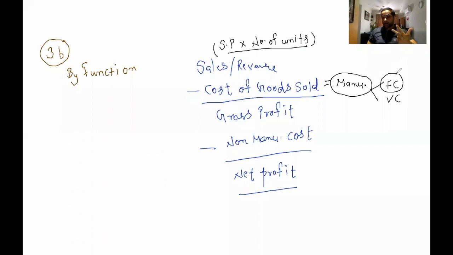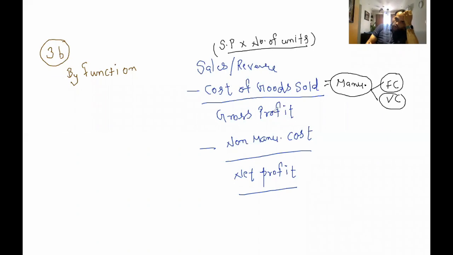Depreciation, rent, maybe insurance. These are fixed manufacturing, all belonging to the factory, right? Variable manufacturing means direct material, direct labor, or some other kinds of direct expense. These are variable manufacturing costs, right? Fixed and variable. So we call it total manufacturing cost, right?